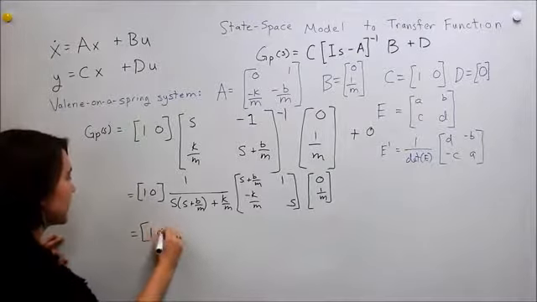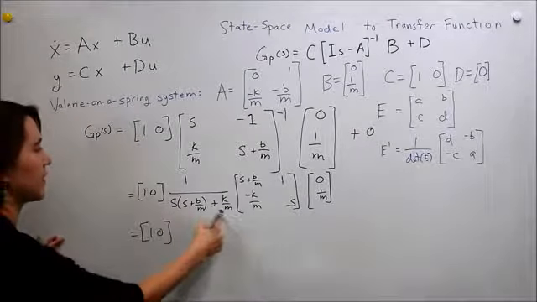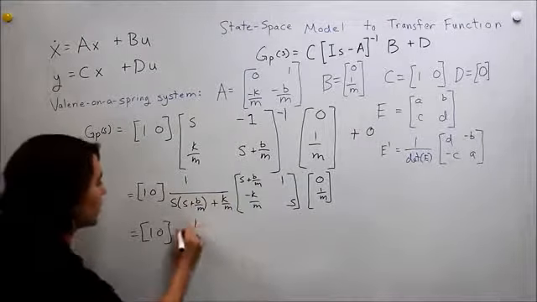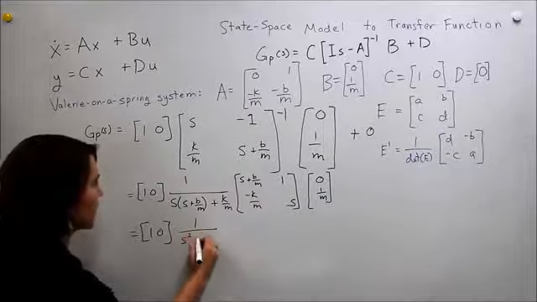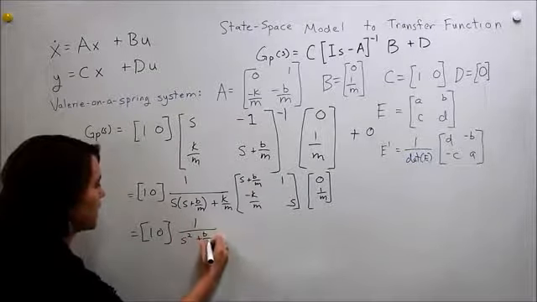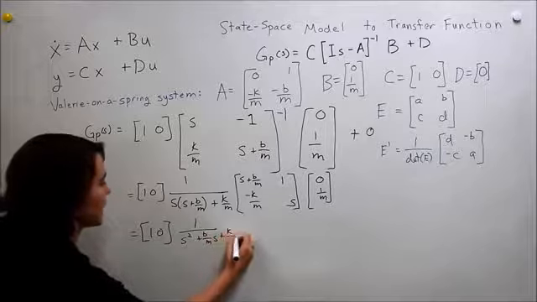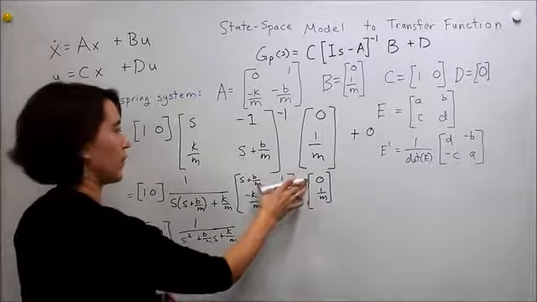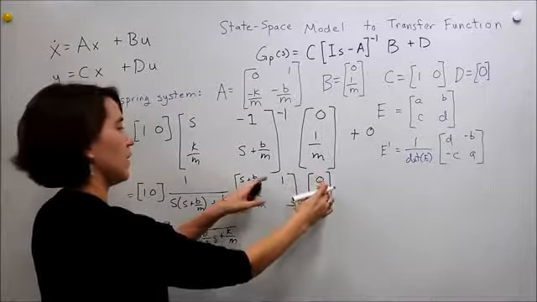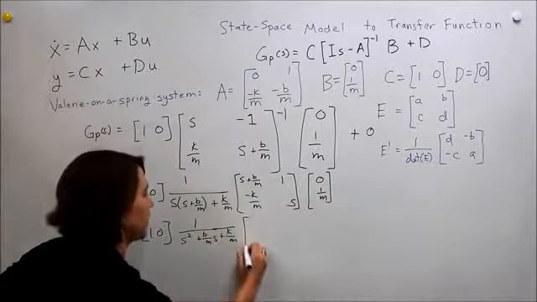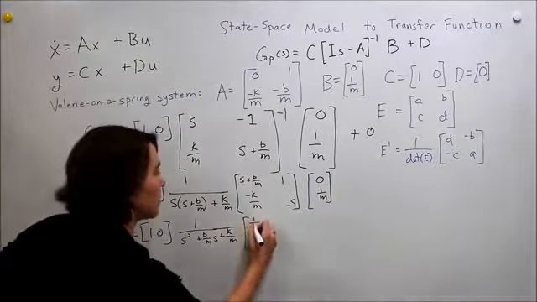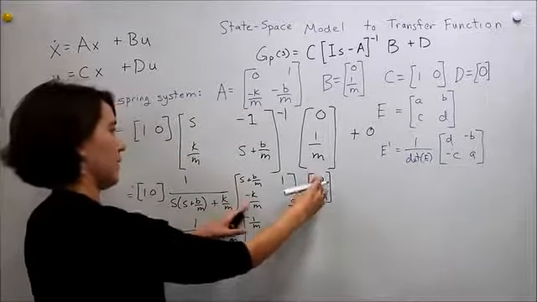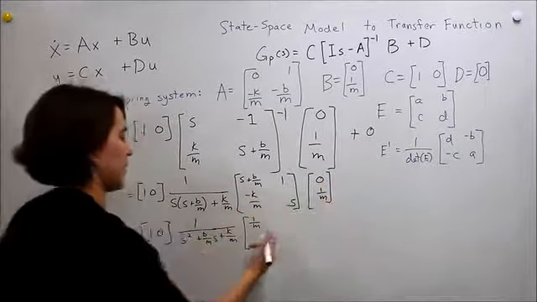Let's rewrite everything. And we're going to actually shorten this a little bit. 1 over S squared plus B over M, S plus K over M. Okay, and so if we multiply this out, we'll get 0 plus 1 over M in the first spot, 1 over M. And then 0 plus S over M.